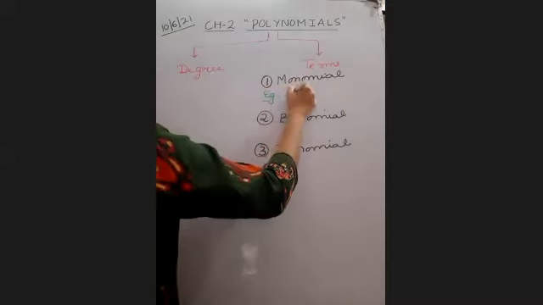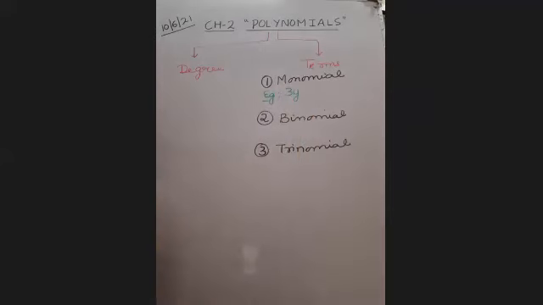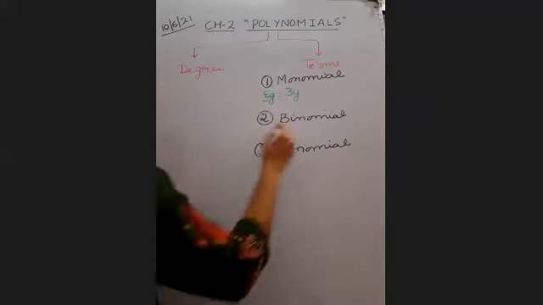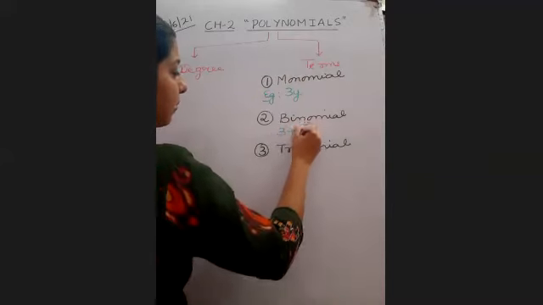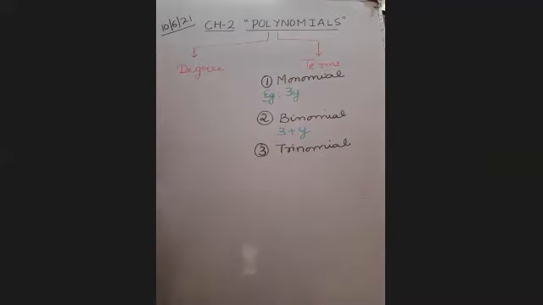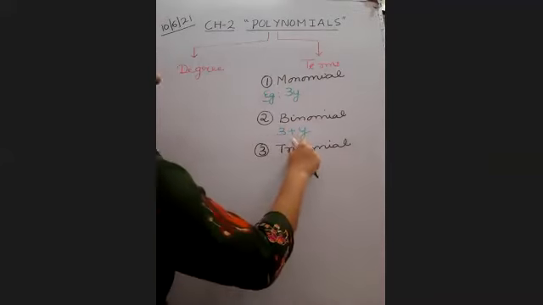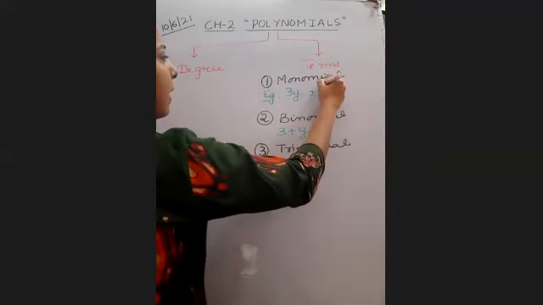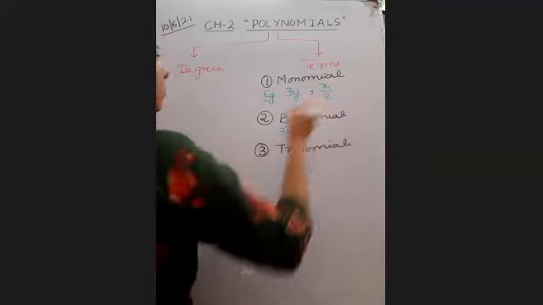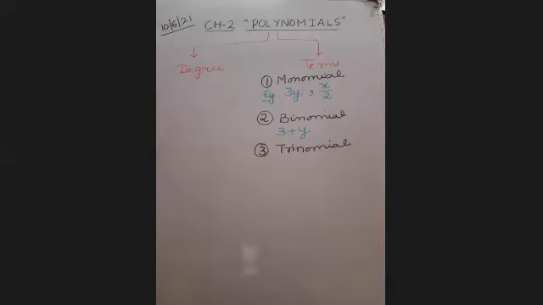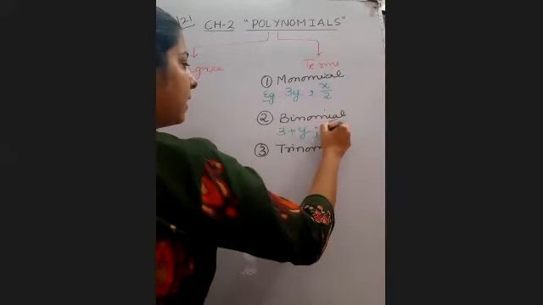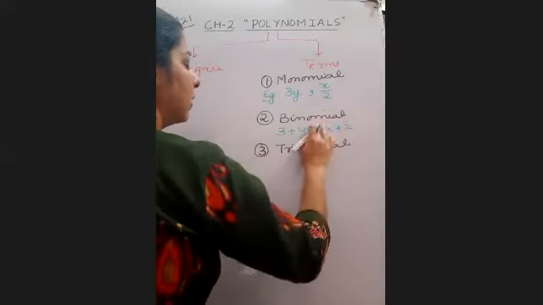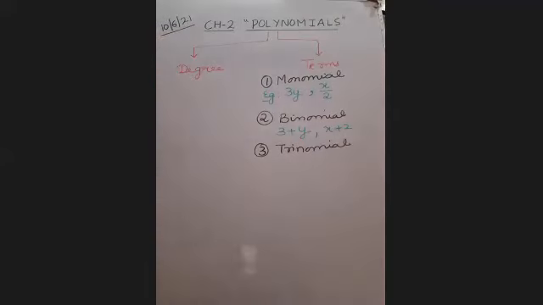Example: what is 3y? Is it a monomial? Yes. But if I write 3 plus y, it becomes binomial, two terms. If I have x upon 2, it's a monomial. But if I have x plus 2, it's a binomial.